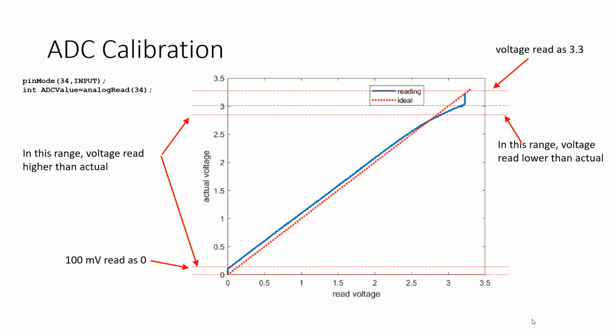And by the way, the lower end we don't really care much about, because remember, this is designed for battery voltage, and I don't think the 3-cell battery is ever going to go down below 100 millivolts. A fully discharged one is going to be like 10 point something. So we really only care about the upper end of the range anyway. Of course, the upper end is where things get probably the most wonky in terms of the correction, right?